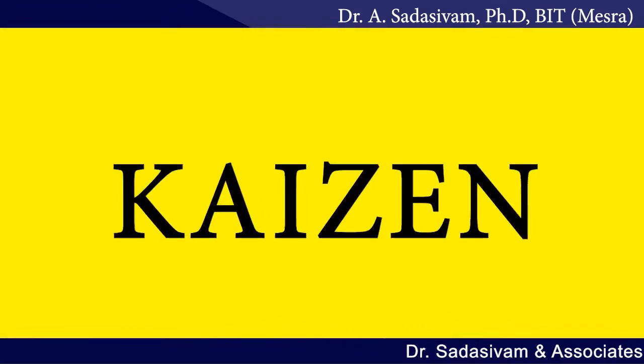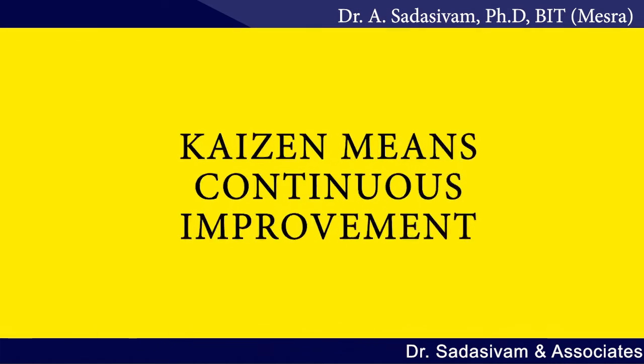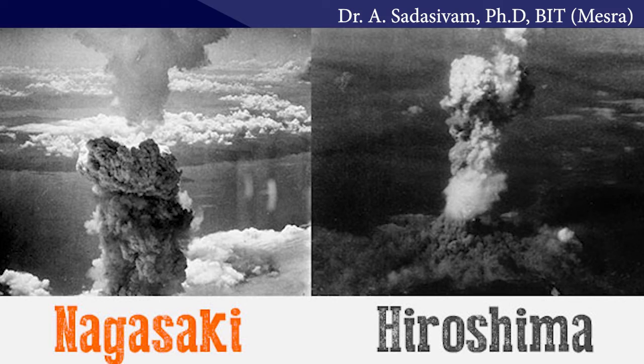In fact, the Japanese called it Kaizen. Kaizen means continuous improvement. All of us are aware that Japan as a country was completely decimated soon after the bombs in Hiroshima and Nagasaki, way back in 1945, and we can see in the last 7 or 8 decades how much this country has come up on the economic scene. Such a small country is making great strides in technology, science, automobiles, productivity.